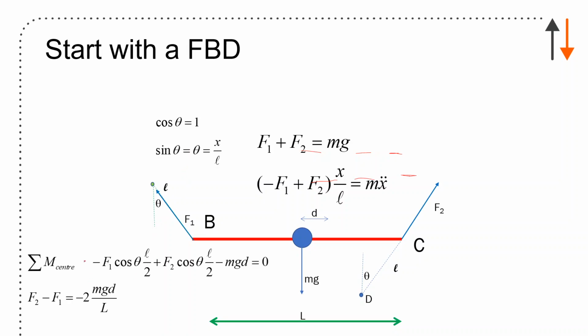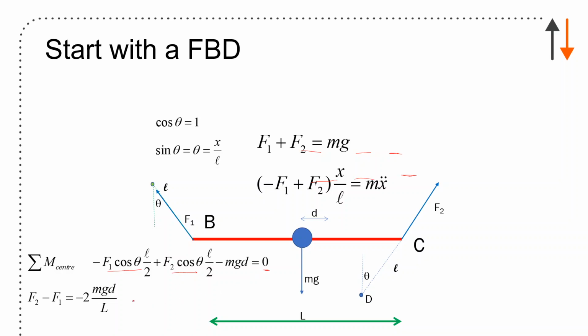So if we take the sum of moments, F1 is going to be causing a clockwise moment. F2 will be causing a counterclockwise moment, so that's negative, positive, and the weight will also cause a moment, minus mg, and that will all equal 0.